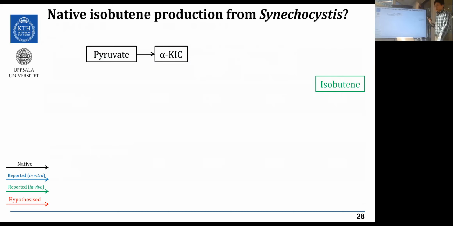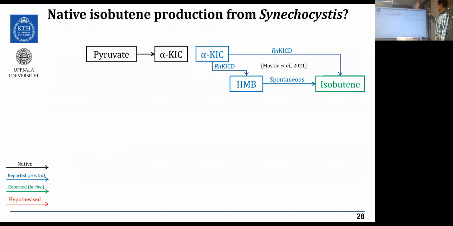Okay, but anyway, for the context of this hypothesis, in the mosquito study they confirmed that KICD can convert alpha-KIC into isobutene in vitro, or convert it into another metabolite, HMB, and then HMB spontaneously decays into isobutene. They also confirmed, and it was confirmed by me, that when you introduce RNKD into Synechocystis, Synechocystis can produce isobutene.